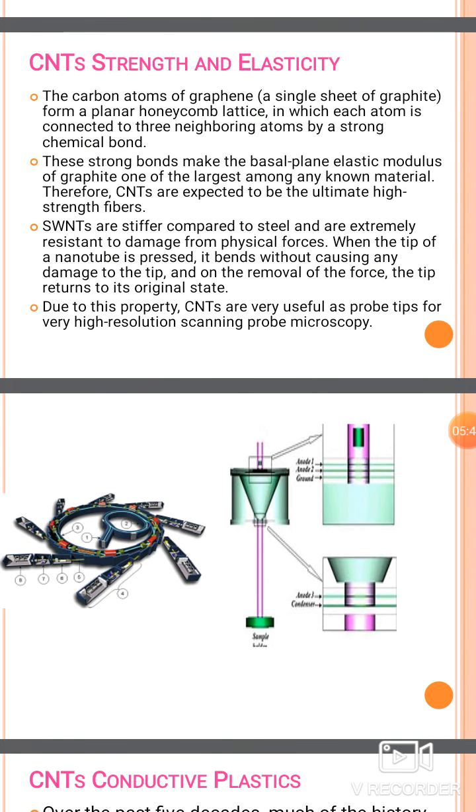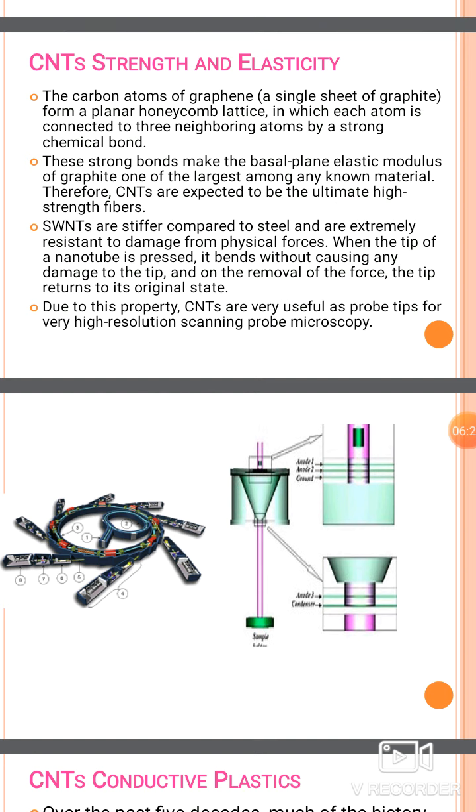The carbon atoms of graphene, a single sheet of graphite, form a planar honeycomb lattice in which each atom is connected to three neighboring atoms by a strong chemical bond. These strong bonds make the basal plane elastic modulus of graphite one of the largest among any known material. Therefore, CNTs are expected to be the ultimate high strength fibers.